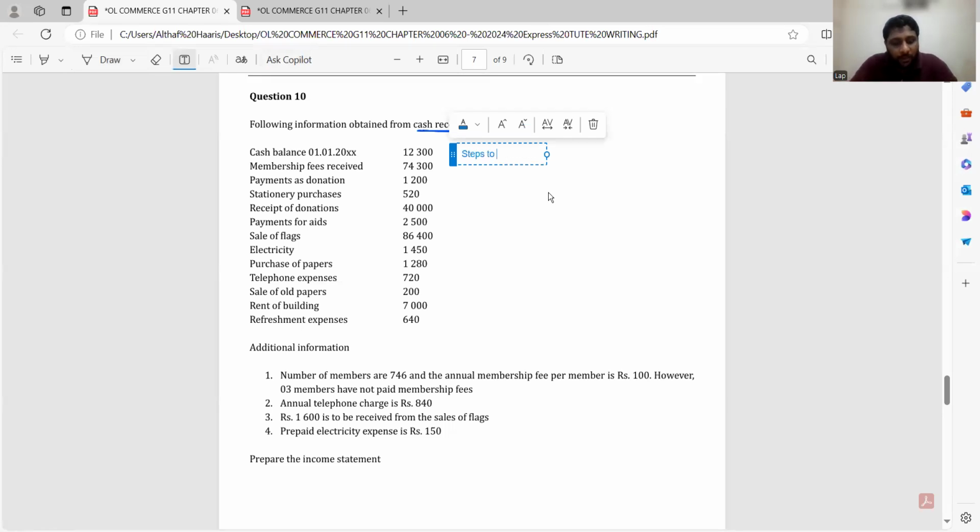Steps to follow when preparing an income statement for not-for-profit organizations, when cash receipts and payments are available.